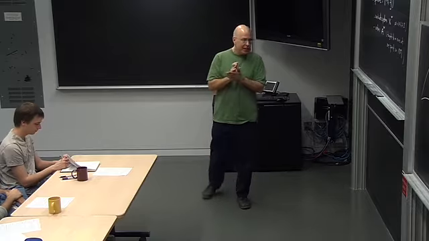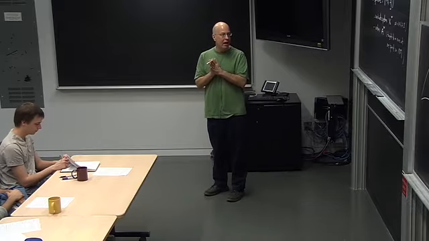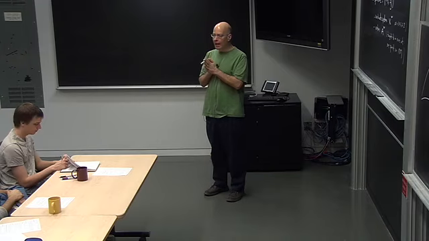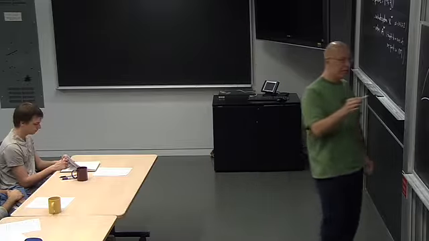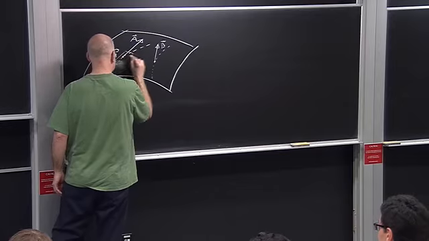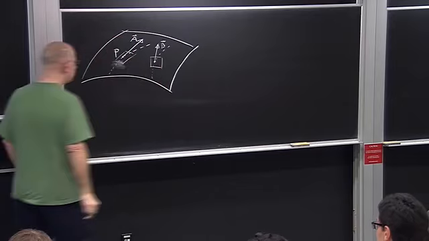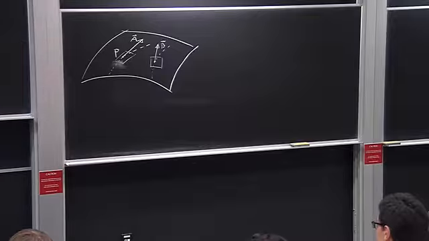A very important aspect of this is that vectors at different points are not related in any way to each other. You cannot add vectors at different points on a manifold. This vector over here really lives in a very different tangent space from the vector over here. You cannot do vector operations unless you refer to the same base point, the same tangent space.